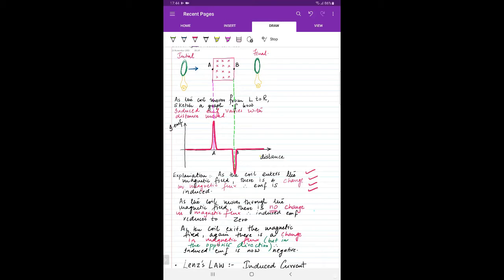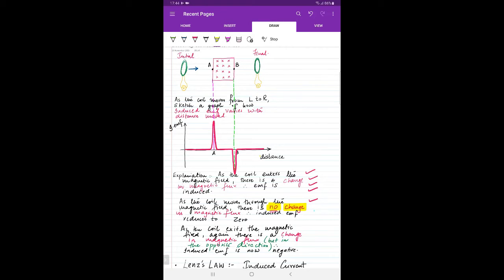Second statement. As the coil moves through the field, there is no further change in magnetic flux. So as the coil moves through the uniform field, there is no further change in magnetic flux.